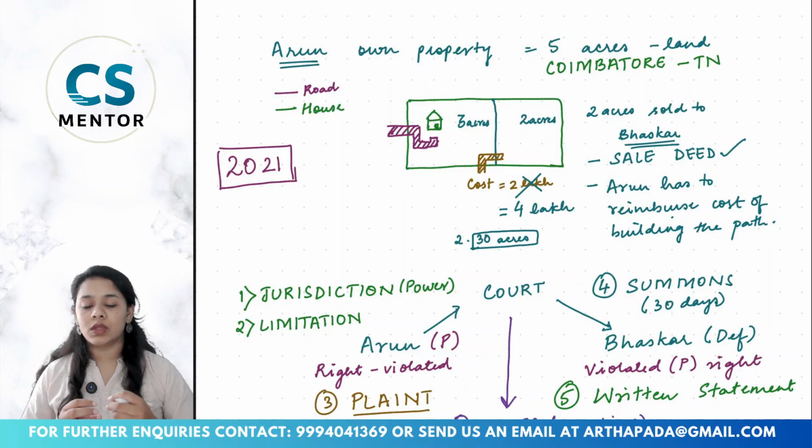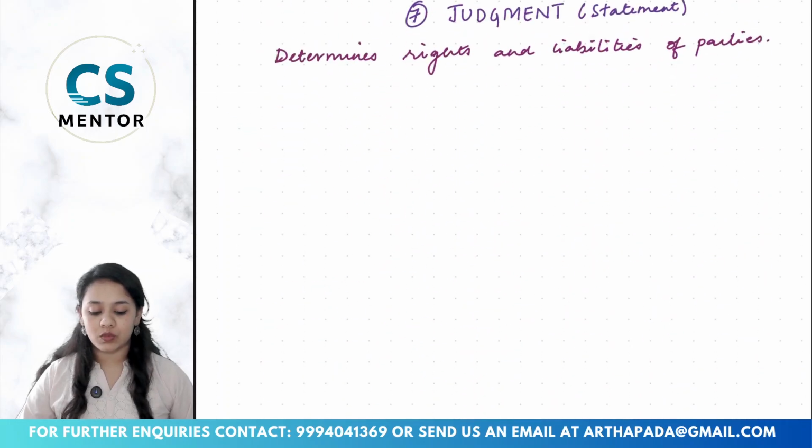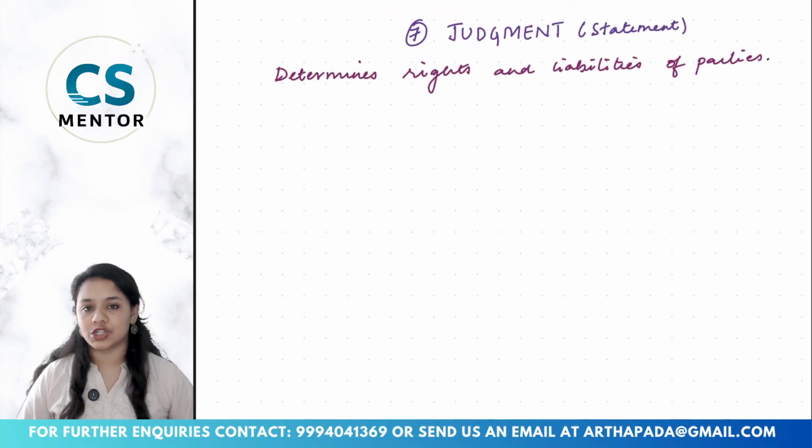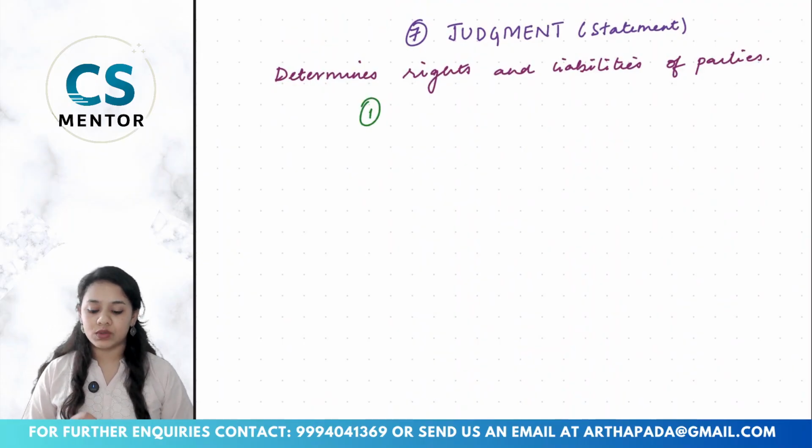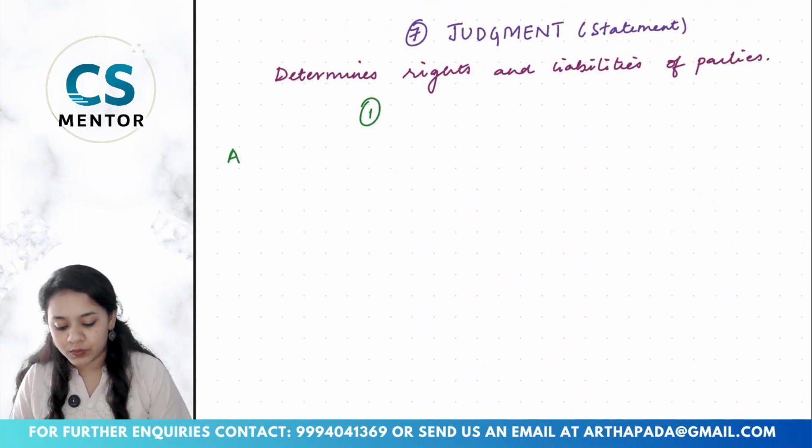Okay. Now let's try to understand what will be the rights and liabilities of Arun and Bhaskar over here. Now for this, we can look at it from two ways that this judgment can go. So the first way is if the court says Arun is the true owner of 3 acres of land.